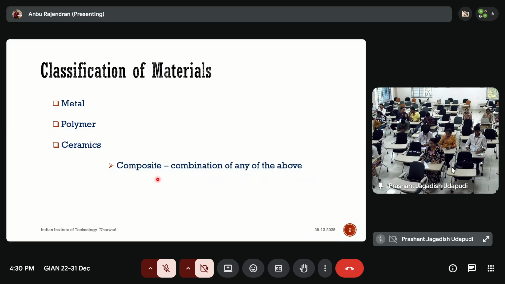There is another category called composite. A composite is nothing but a combination of two among these three. So you can find any material for the application as either a metallic, polymer, or ceramic material, and you might have seen some composites also.